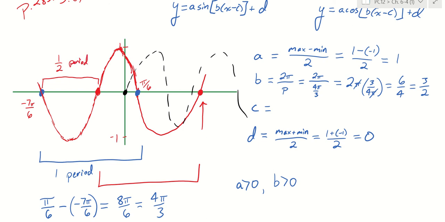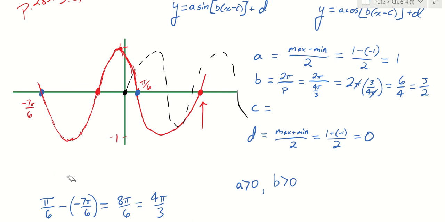Actually, an easier way to do this is just to notice that this point is a half period away from a point that we already know, which is pi over 6.